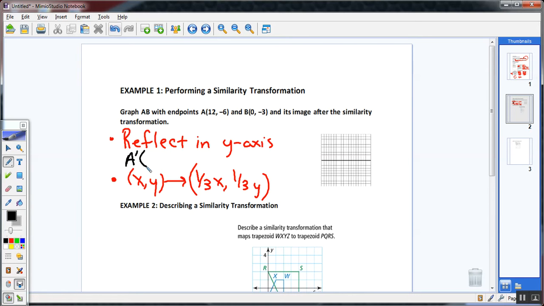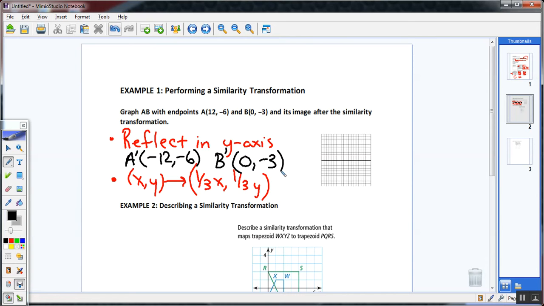So we flip the sign of the x value, according to our rules. So if I take (12, -6) and flip it over the y-axis, it becomes (-12, -6). What would B become, kids? 0, comma 8. Yeah, it would become the opposite of 0, which is still what? So B prime would be (0, -3).